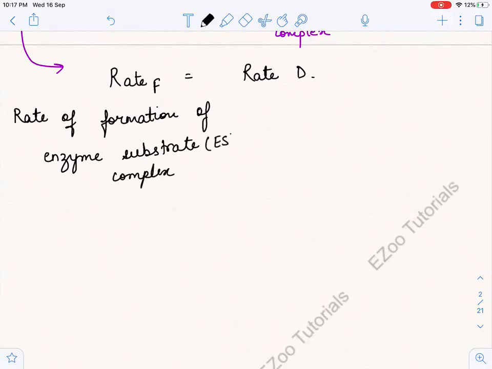From now on, I will write D for dissociation. The rate of dissociation of the complex into enzyme and product.